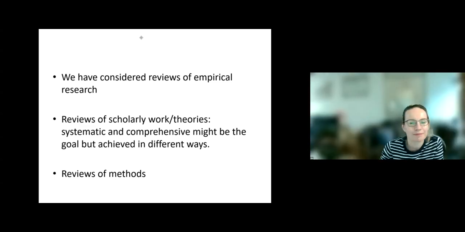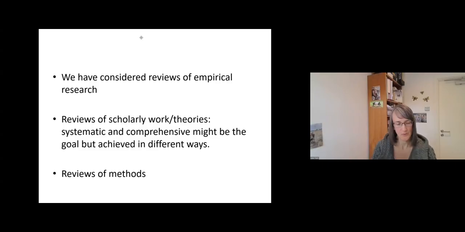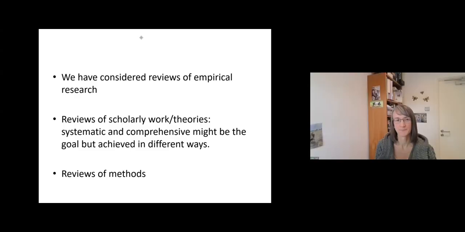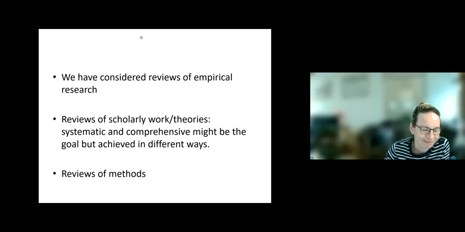Can I ask a question related to that? You said forwards and backwards searching. Do you want to explain what that means? Maybe Sian, do you want to explain what that actually is in practice? Yes, so this is looking at the reference list of the included paper and following up on the references that paper's mentioned. But then also looking at which papers have referenced the paper that I'm looking at. Okay. So making a little spider web, really.